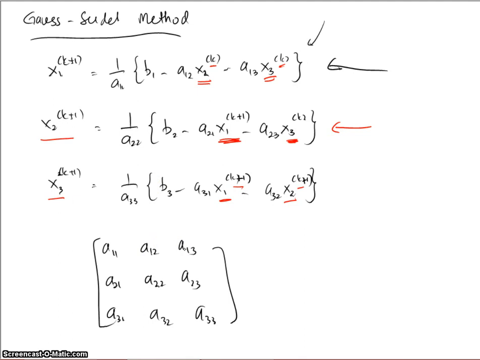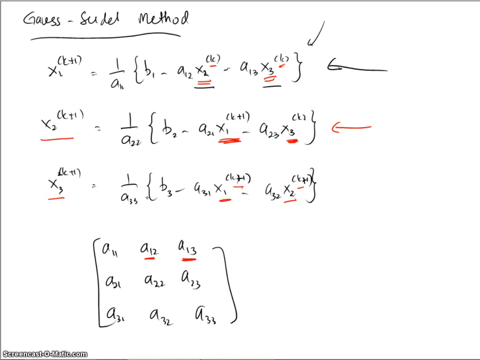Alright? The first row says that x1 at k plus 1 can be obtained by using the old values of x2 and x3. And x2 and x3 are multiplied to a12 and a13. So where's a12 and a13? This is a12 and a13. And these two values are multiplied to the old value of x.